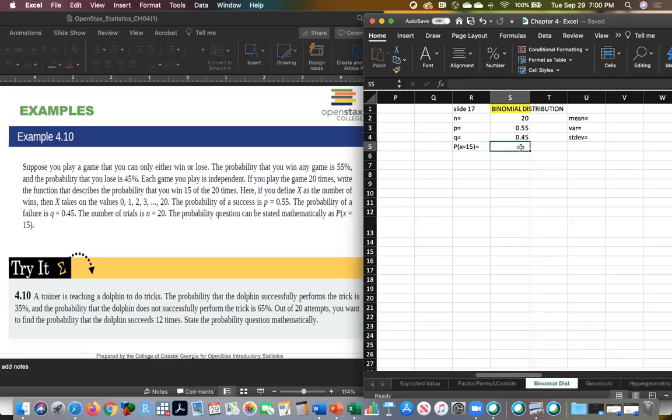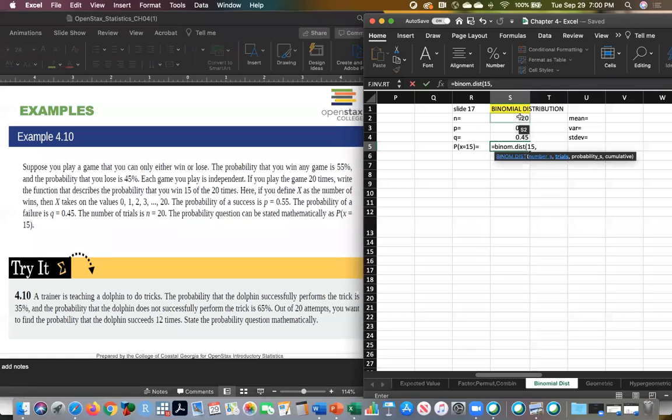So here I can do something very simple because it's equal to 15. I'm going to use the binomial distribution. The number is 15 because that's the number I am interested in.